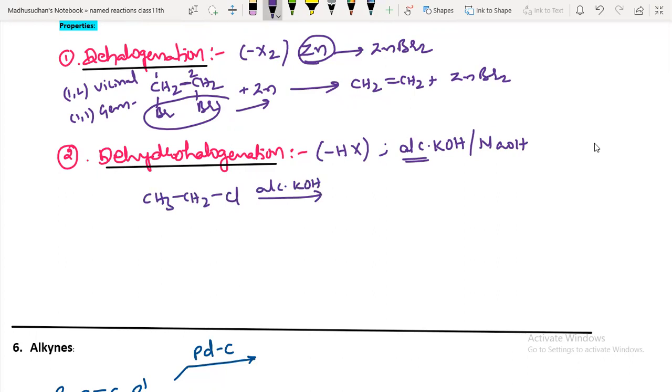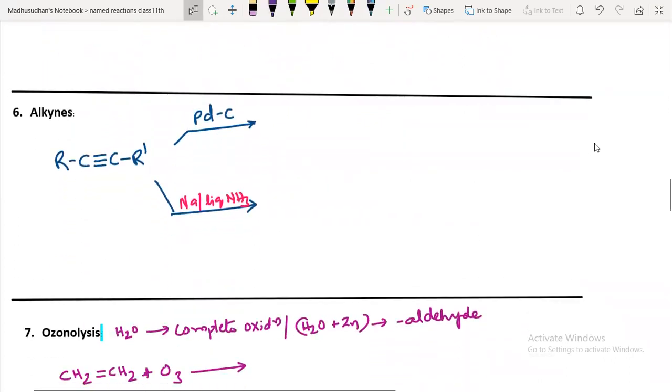What happens, guys? Say this is alpha position, this is beta position. From alpha position chlorine, from beta position hydrogen. So it also comes under beta elimination reactions. So if I am removing minus HCl, what is the product now? CH2 double bond CH2. Minus HCl is removed? Yes, right. Next one.